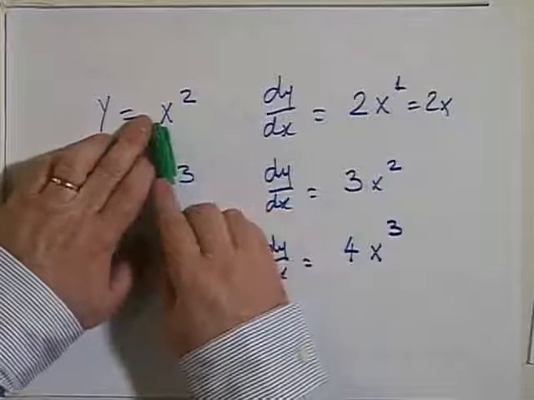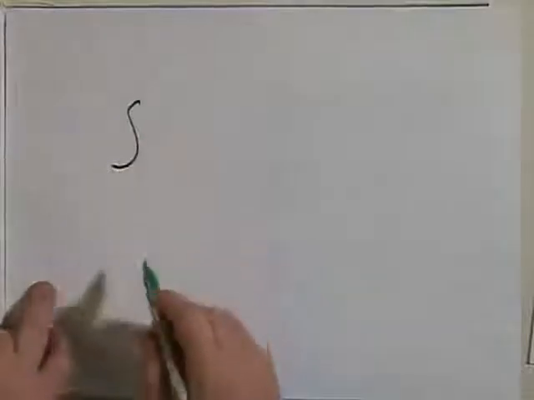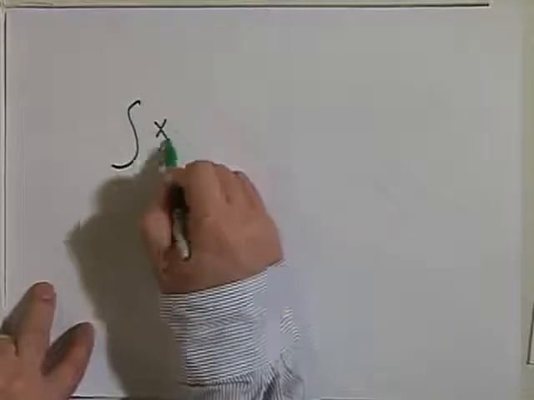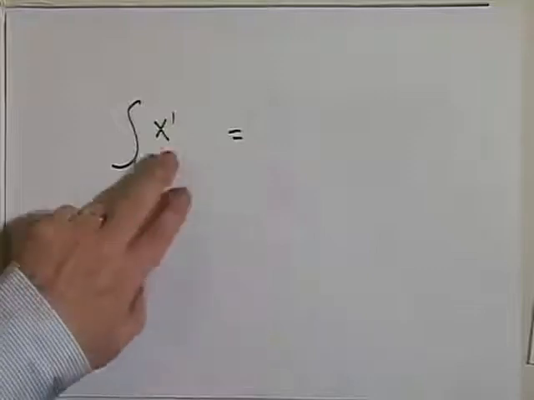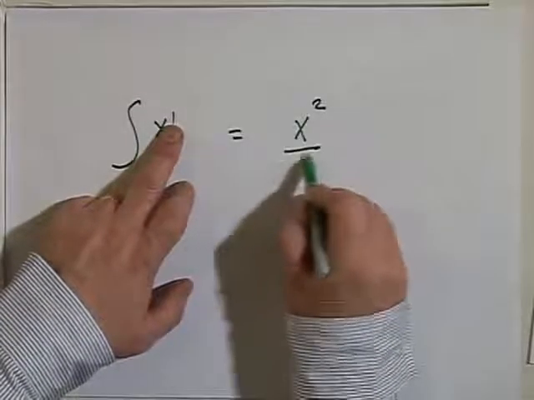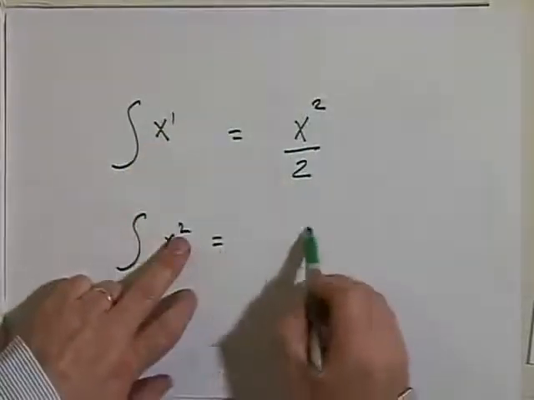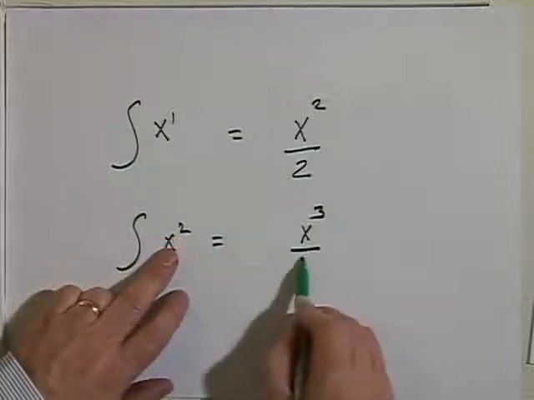And you used to multiply and divide. So, for example, if I took the integration of, this might sound scary, x to the 1, the integral will be increase the number, x to the 2, but divide. The integral of x squared would be increase x cubed, but divide.